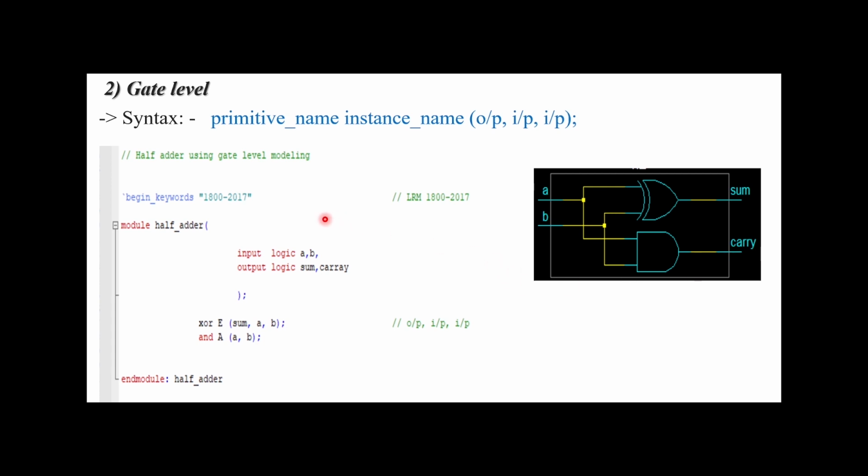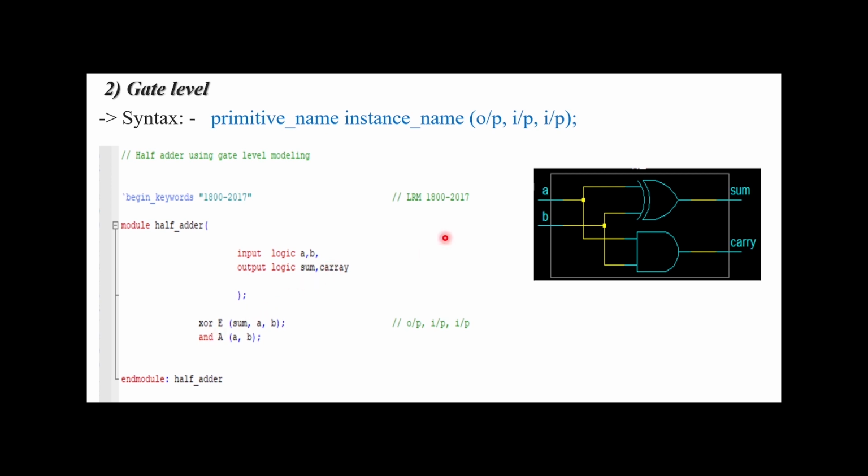The code for this gate level modeling is a module half adder and end module. Inside this we provide inputs of logic type A and B, and the outputs are also logic type, sum and carry. I'm using SystemVerilog for modeling hardware; you can use Verilog also.